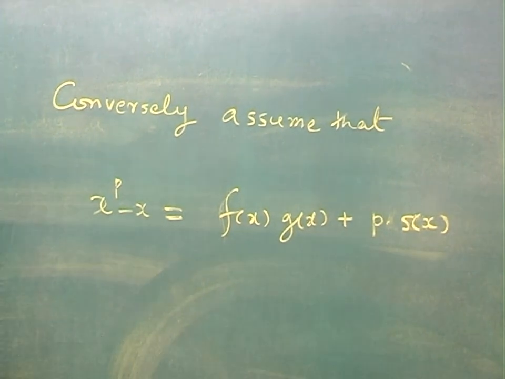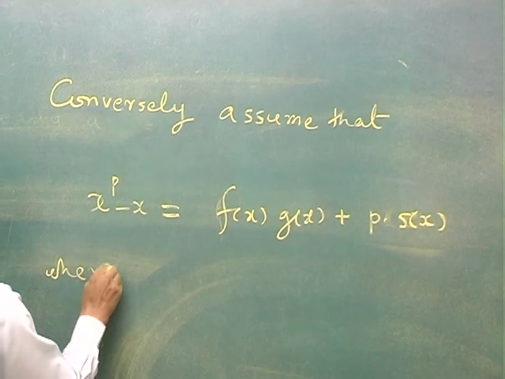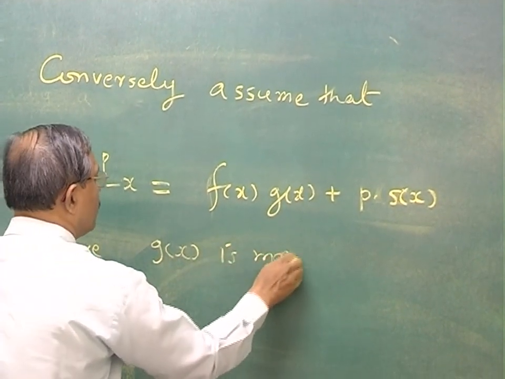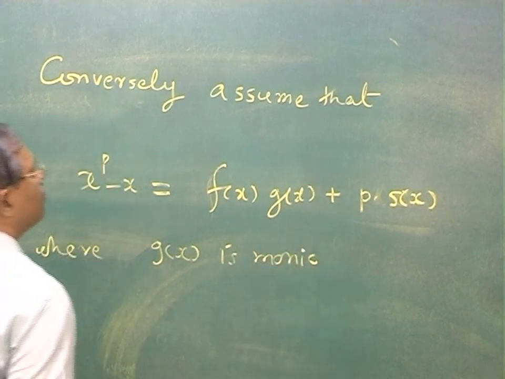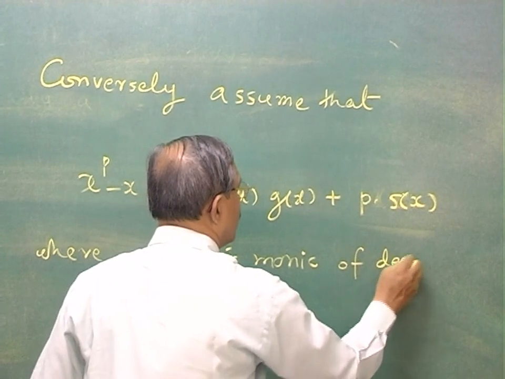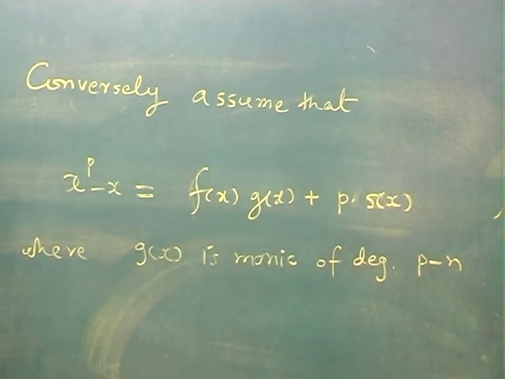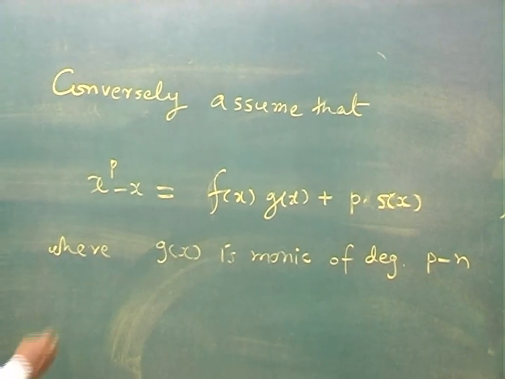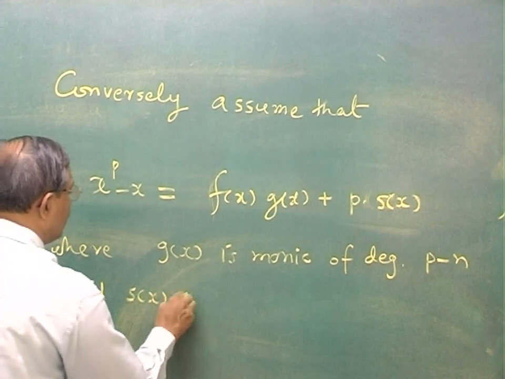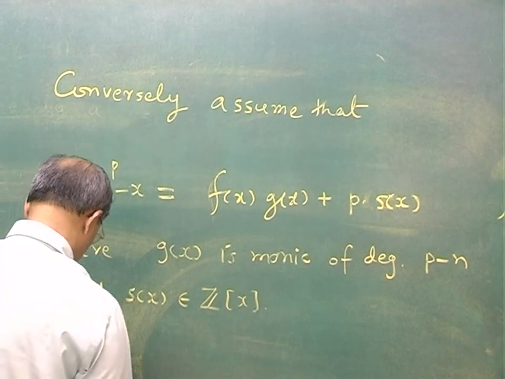Here g(x) is monic of degree p minus n, and s(x) is a polynomial in Z[x], a polynomial with integer coefficients.